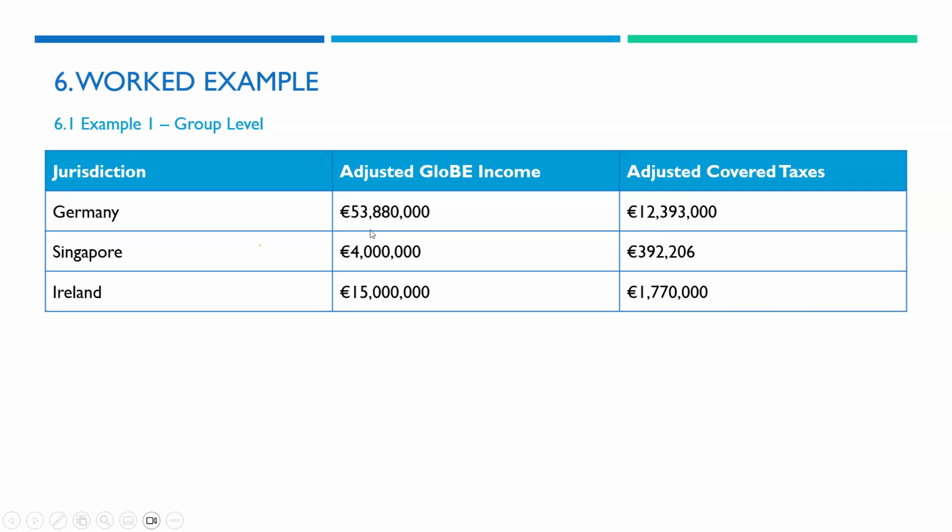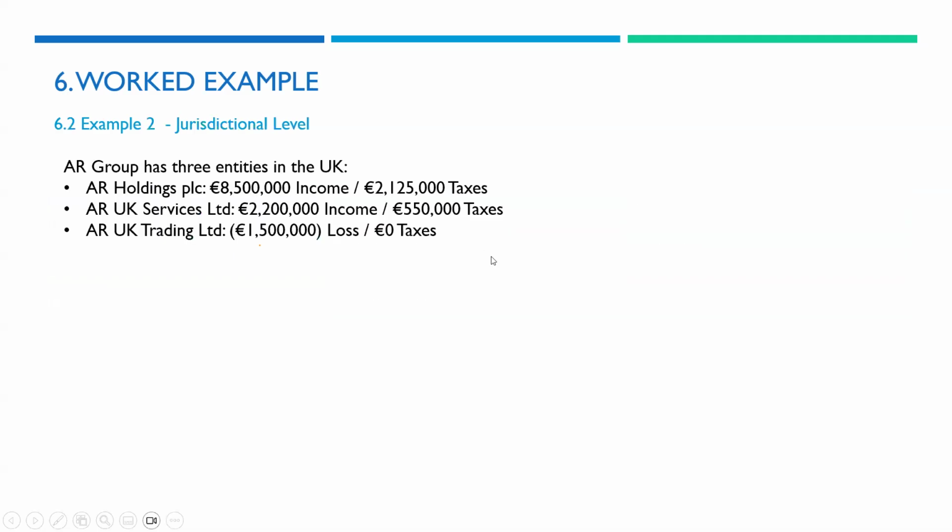Okay, I think there was some goof up. So it's all different jurisdictions, and you don't need to combine anything. You will divide this by this. That's how you calculate jurisdictional level ETR. And if any jurisdiction has taxes of less than 15%, then yes, it is applicable for top up tax. Okay.